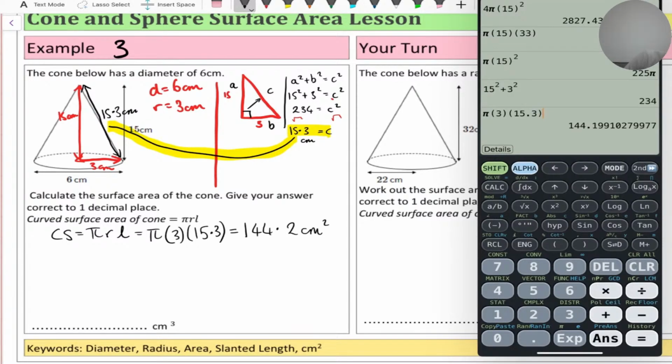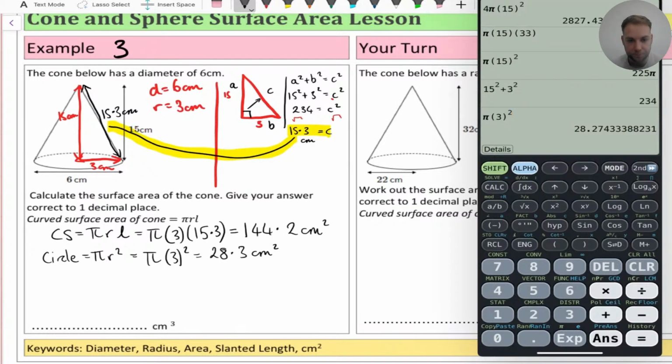For the circle on the bottom, it's going to be equal to pi r squared, which is equal to pi times by 3 squared. So shift pi times by 3 squared, which is equal to 28.3 centimetres squared for the bottom.